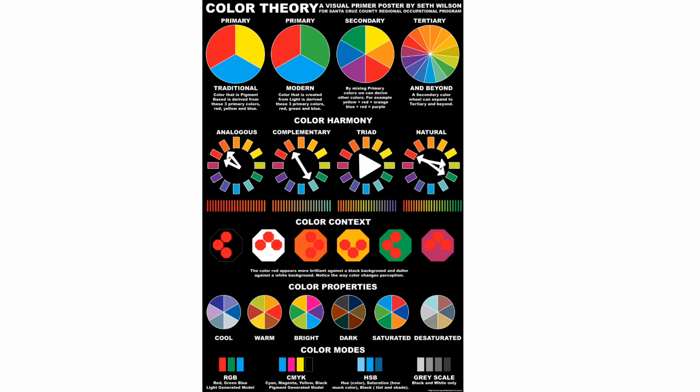Okay, so primary colors. Traditional primary colors we think of as red, yellow, and blue. And from those, we can mix a whole host of other colors. And I'm going to jump over our modern primary to our secondary. And so then we have green, orange, and violet. And these are colors that we've mixed from our primary colors, and then so on down the line to our tertiary colors.